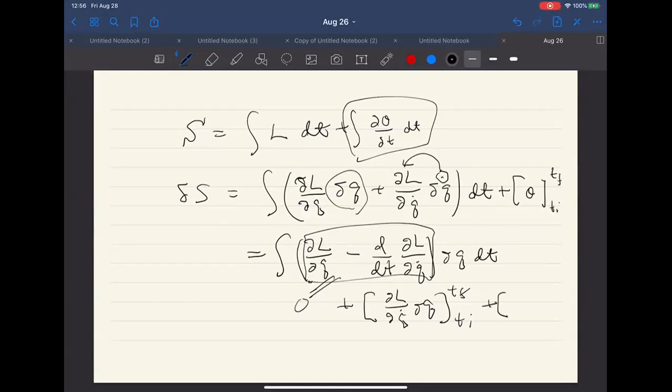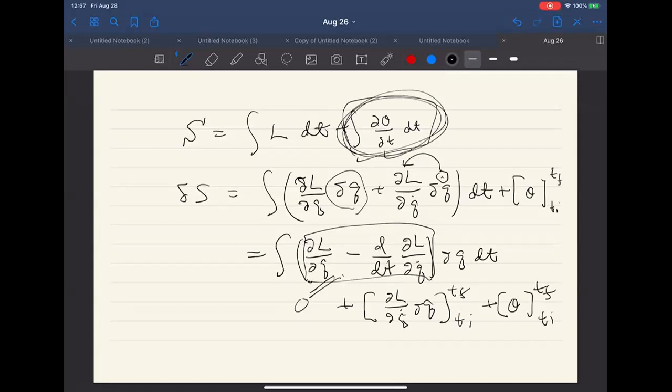So this ends up being just an additional term to the surface term. But because you keep everything fixed at the initial and final time, nothing really changes. The Euler-Lagrange equation is still the same. So adding a total time derivative to the Lagrangian is not going to change anything about the Euler-Lagrange equation. That's why we don't care about the surface terms or the total derivative terms in the Lagrangian.